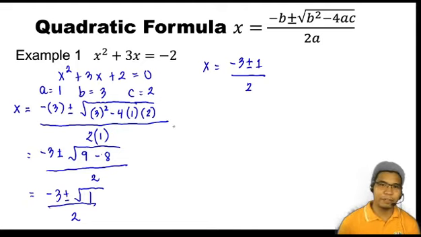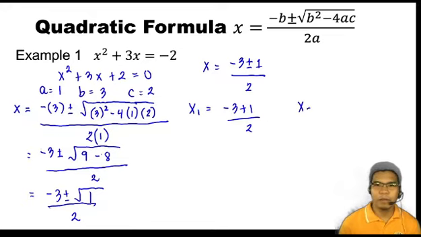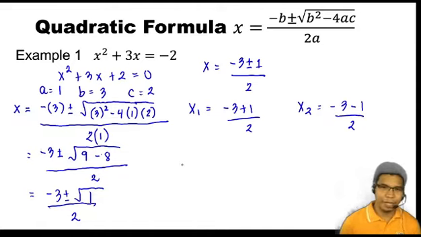So let's have first x sub 1 using negative 3 plus 1 all over 2. And we have x sub 2 using negative 3 minus 1 all over 2. And then we're just going to simplify our answers.